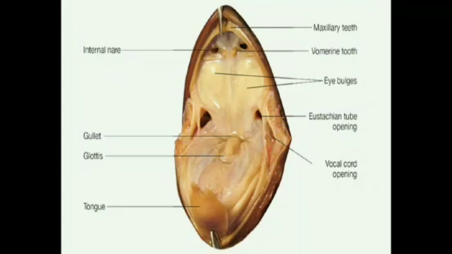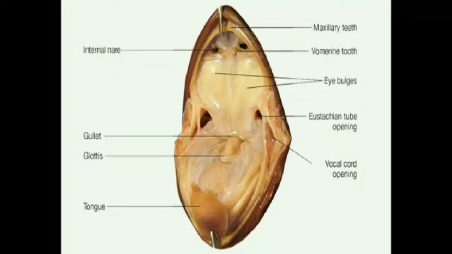You can see buccal cavity contains many structures. It contains teeth, internal nares, bulging of eyeballs, tongue, and apart from that buccal cavity also contains subrostral fossae and prelingual elevation, which I will show you in the next picture.